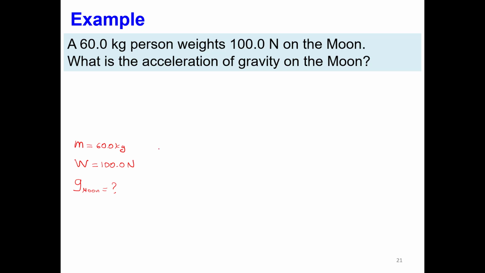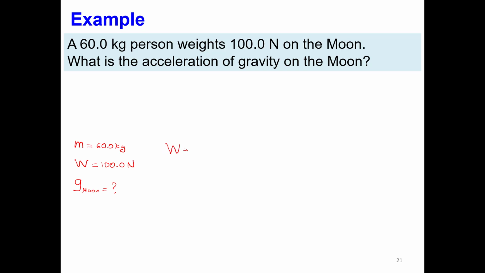We know this value will not be 9.8, because 9.8 is the acceleration of gravity on Earth. This should be another value, a smaller value compared with the acceleration of gravity on our planet.